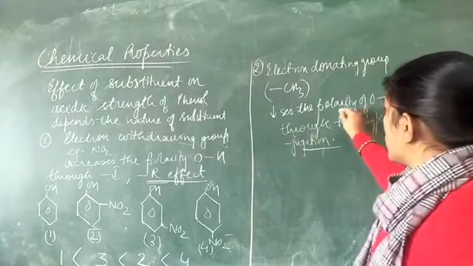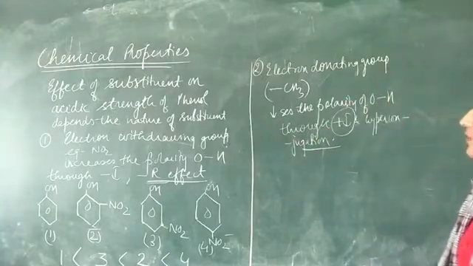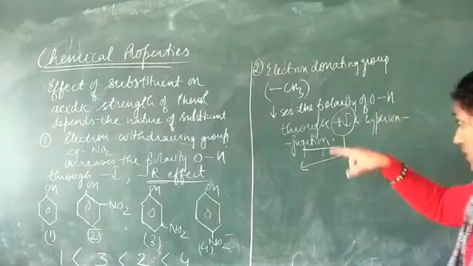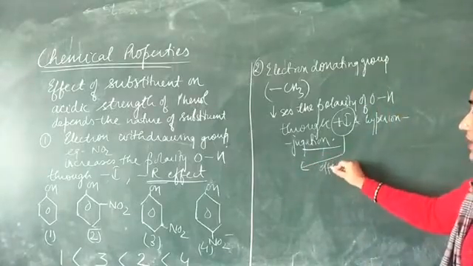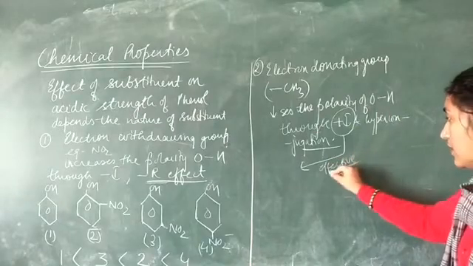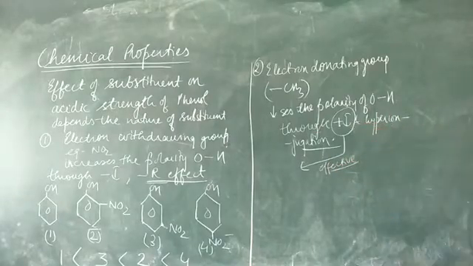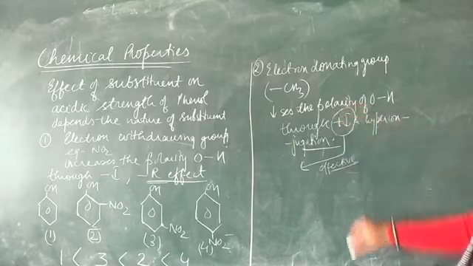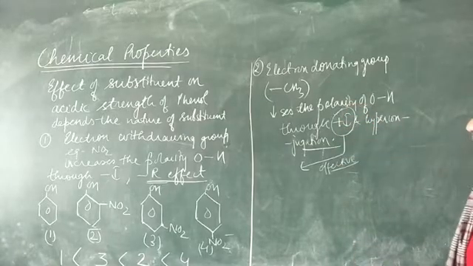But more effective will be the plus I effect. So this one is going to be more effective, or responsible for decreasing the polarity of the O-H bond. We can explain both ways, but the preferred one will be the plus I effect.